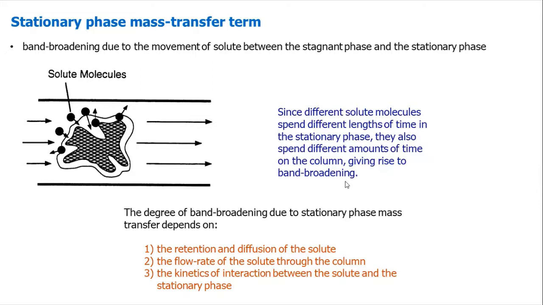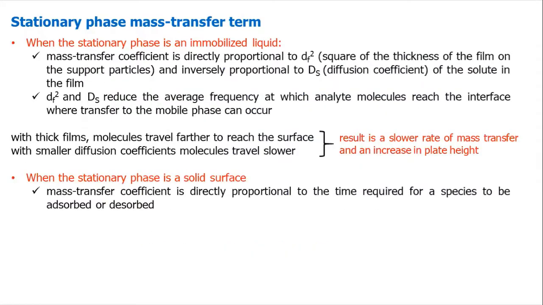The degree of band broadening due to stationary phase mass transfer depends on the retention and diffusion of the solute, the flow rate of the solute through the column, and the kinetics of interaction between the solute and the stationary phase.